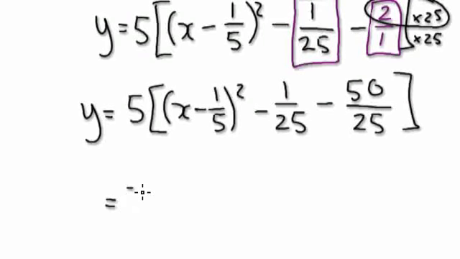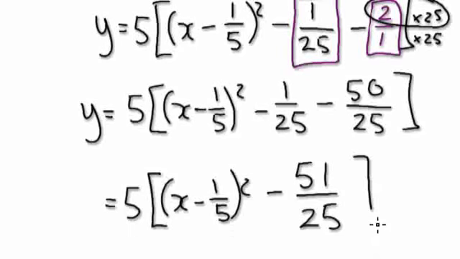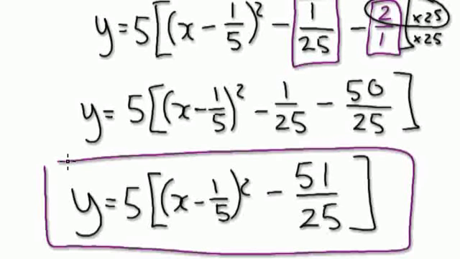So this will be 5 bracket x minus 1 over 5 squared, now minus 1 minus 50, so that will be minus 51 over 25. Okay. Now this is the key stage here. This thing here is very important now.